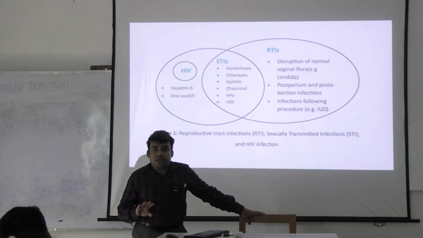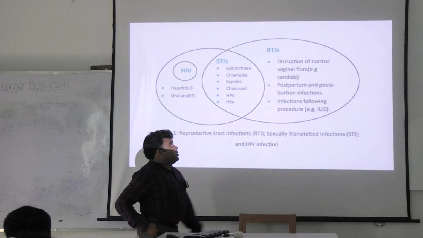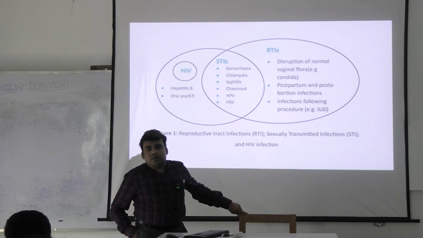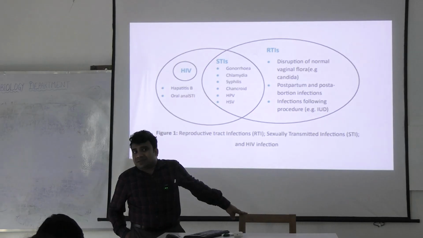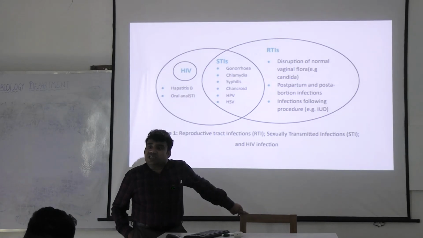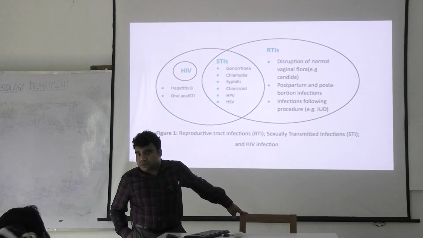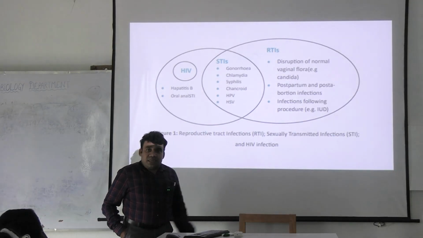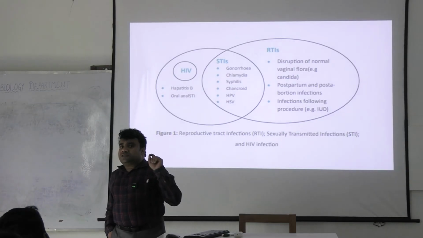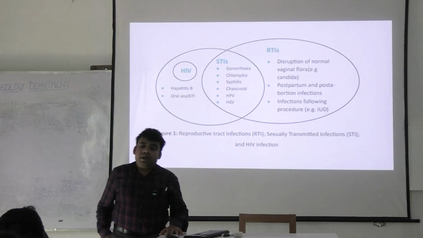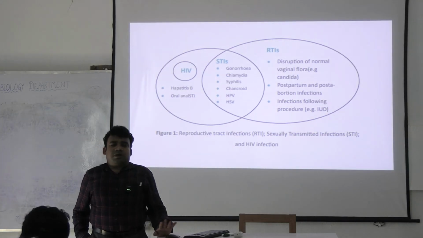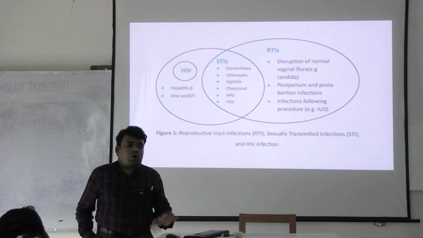Hence, they are included in the reproductive tract infections. Now look at the infections which are STDs: hepatitis B, HIV. These are STDs, that means transmitted through sexual contact. But over here we are dealing with STIs, that is infections which are specifically transmitted by the sexual route and will affect the genital and the reproductive organs also.